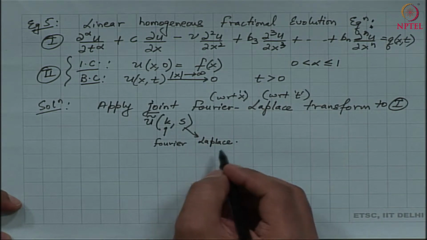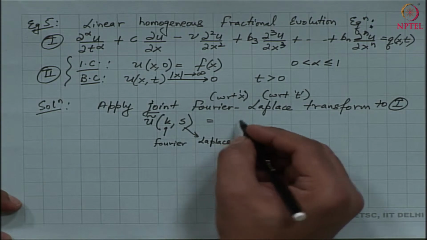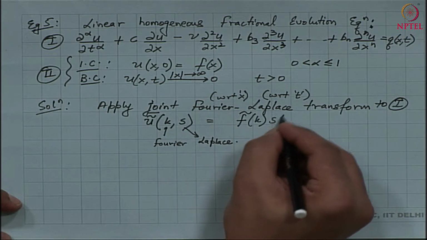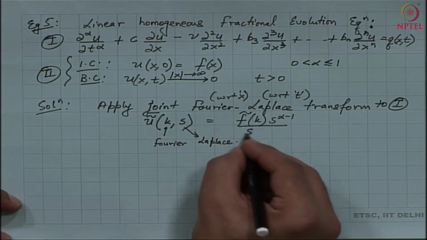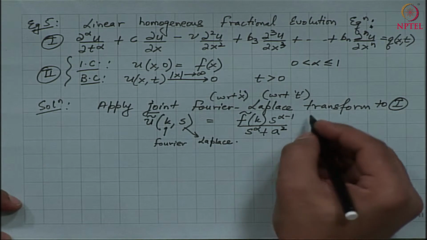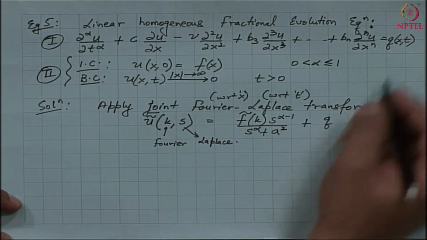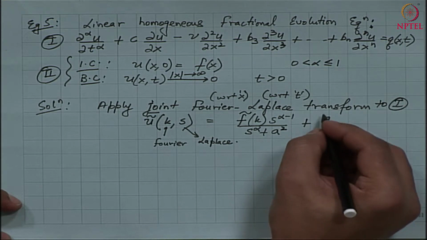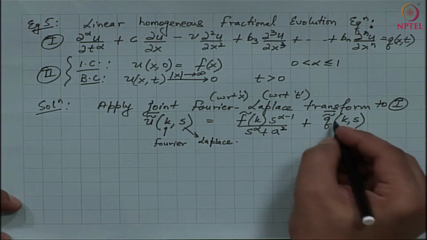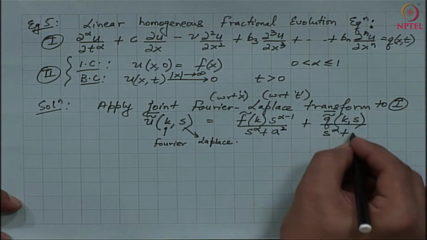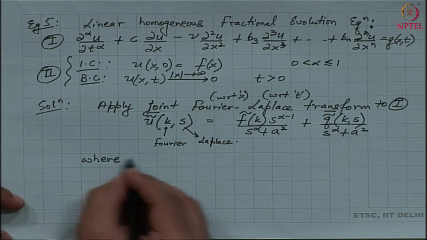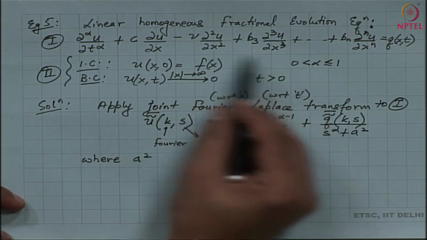Then the solution is as follows: I can write this as f tilde of k times s to the power alpha minus 1 divided by s to the power alpha plus a square, where I call this constant a square, plus the joint Fourier Laplace transform of the right hand side q function, q of k comma s, times 1 by s to the power alpha plus a square, where my constant a square includes all the factors involving the constant coefficients.